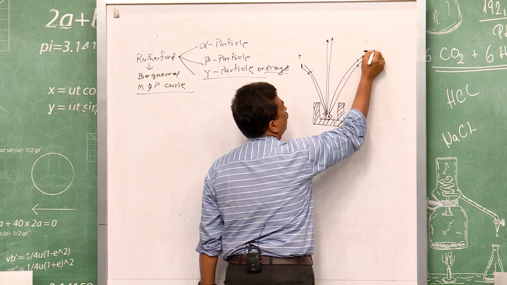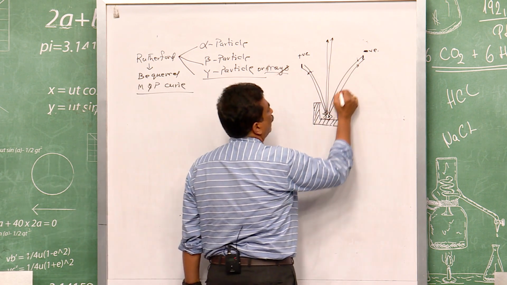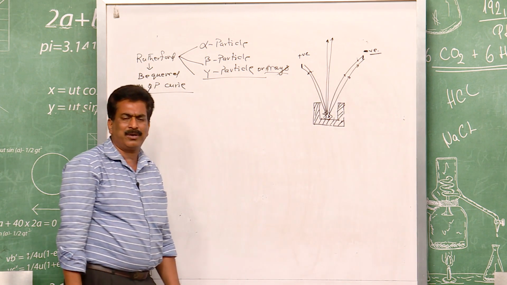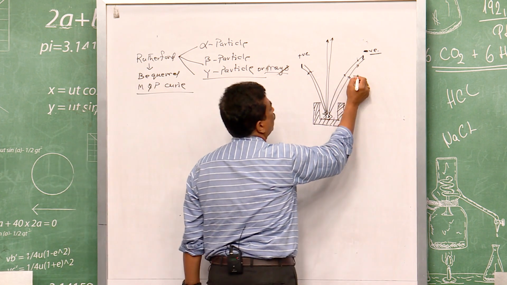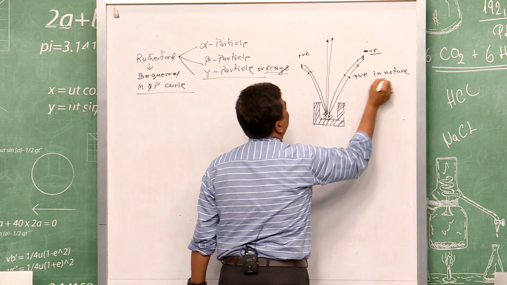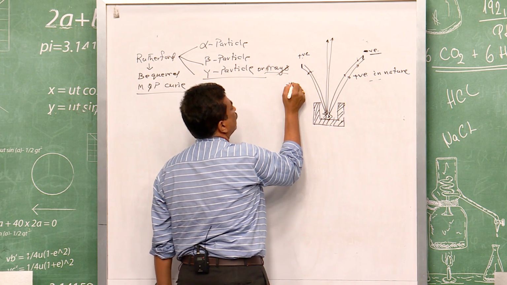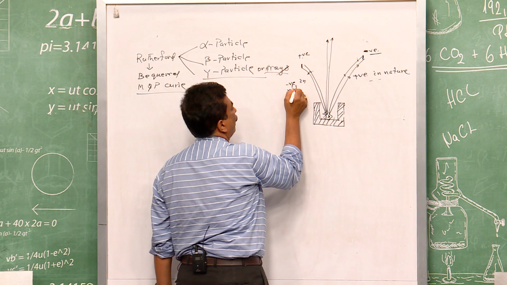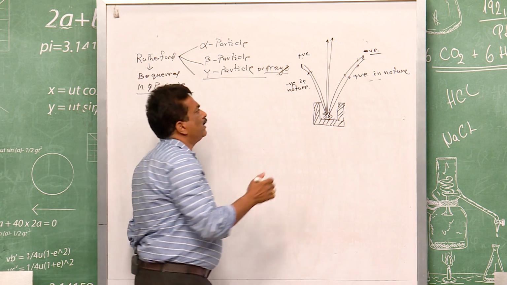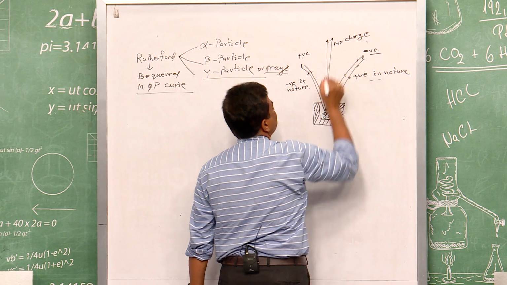Though this is the negative terminal and this is the positive terminal, it is observed that some rays come towards the negative terminal. Those coming towards the negative terminal must be positive in nature, and the rays coming towards the positive are negative in nature. Those going undeviated have no charge, meaning they go straight.